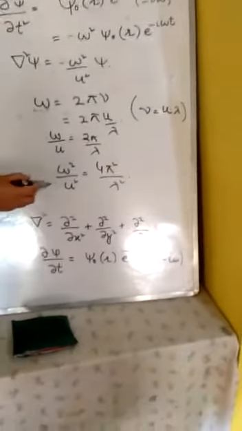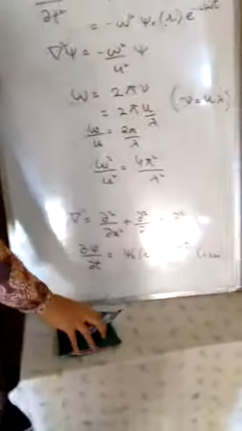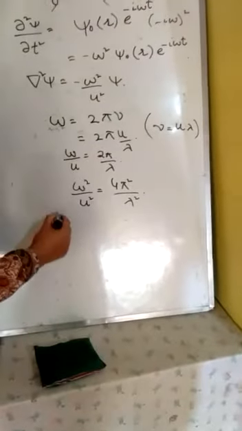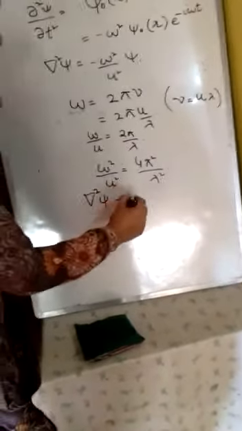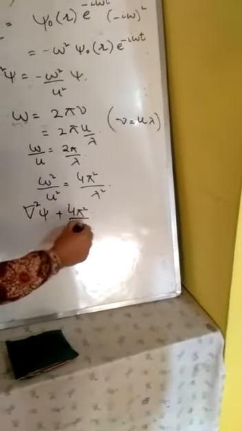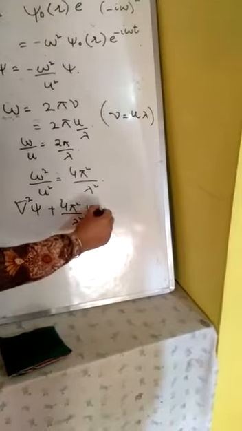So we can choose to put this value in this equation, and that is del square psi plus 4 pi square by lambda square, psi is equal to 0.